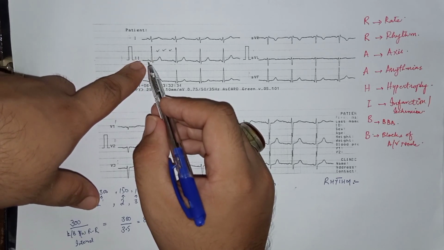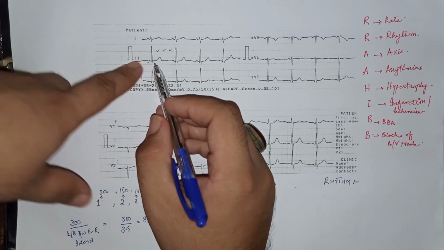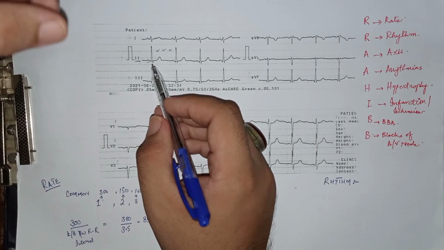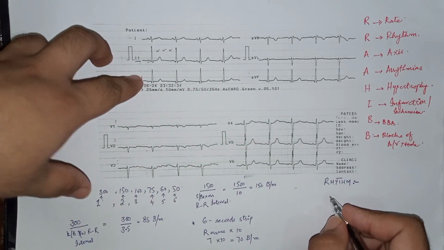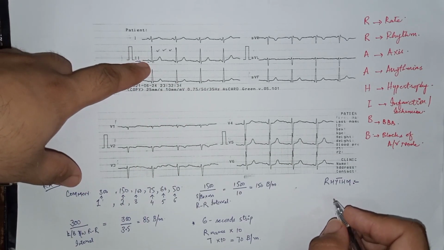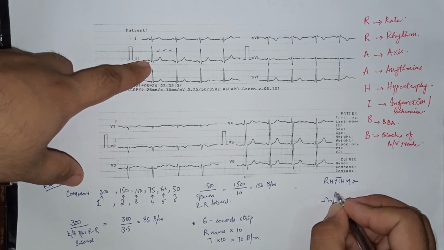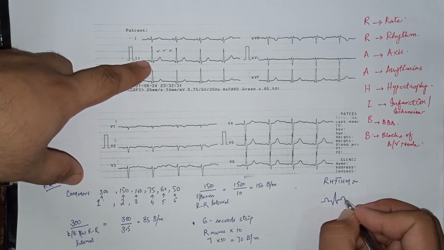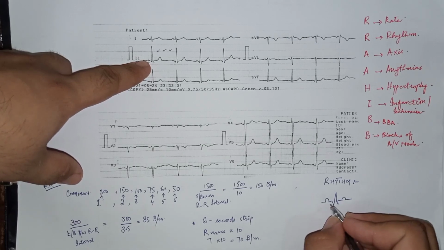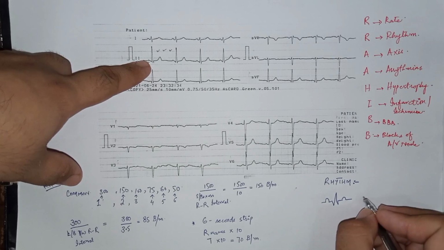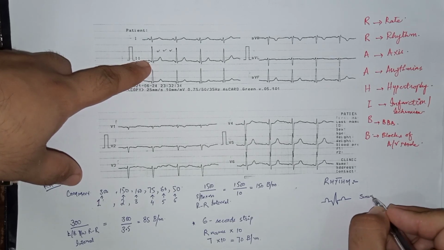This is called normal sinus rhythm, where the firing of electrical activity starts from the SA node. So check whether the P wave is present or not. In the normal ECG there is a P wave, then QRS complex, and then T wave. If this is the case, this is normal sinus rhythm.